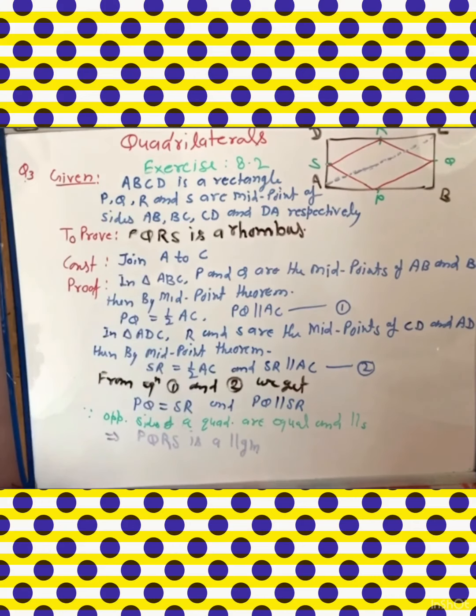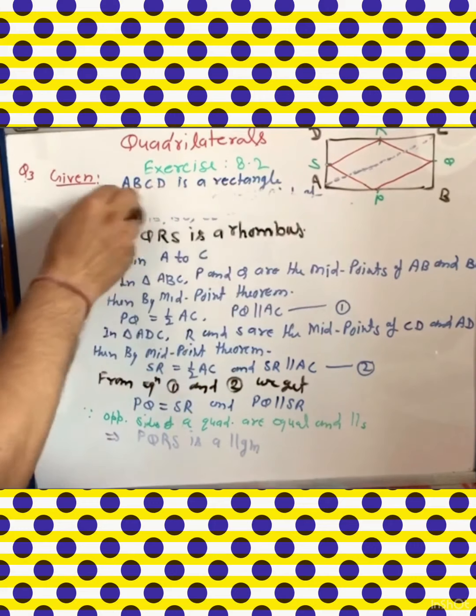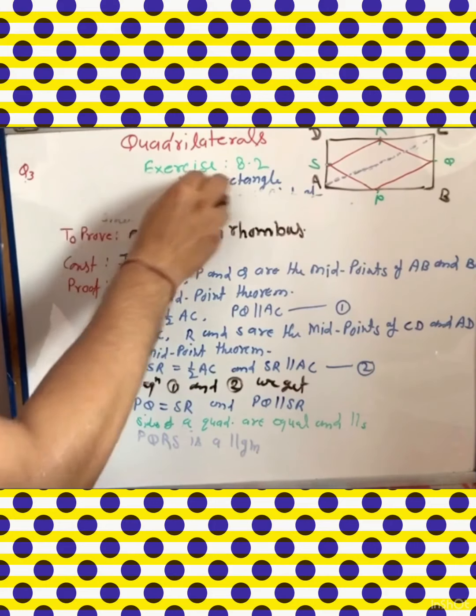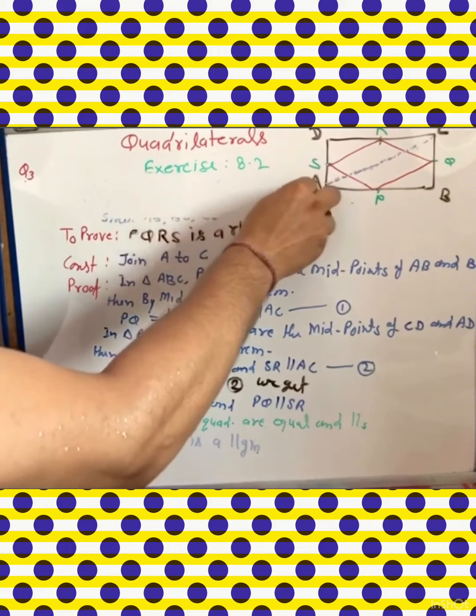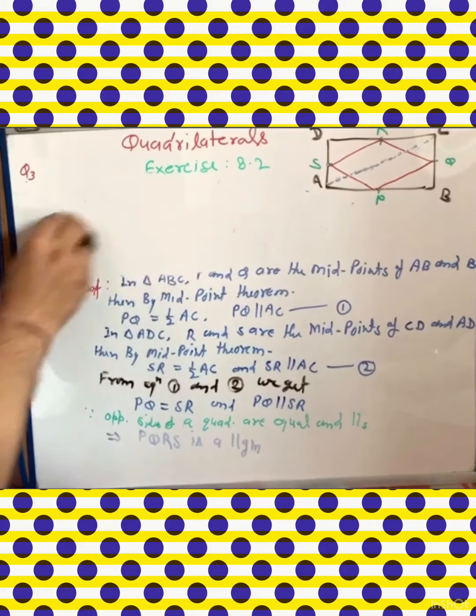But this is not our requirement. Our requirement is to prove that PQRS is a rhombus. So how can you say that PQRS is a rhombus? Okay, so for this we will show here. Now I want to remove this. How can you say that this PQRS, that is parallelogram PQRS, is a rhombus?